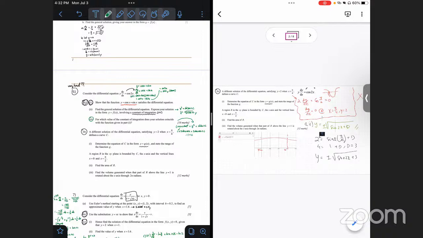Pi y square dx integrated. Volume of revolution is just that, which is very convenient because we like y square in this equation. Okay, and that will be the part 2. So at the very least, that's how I would understand.